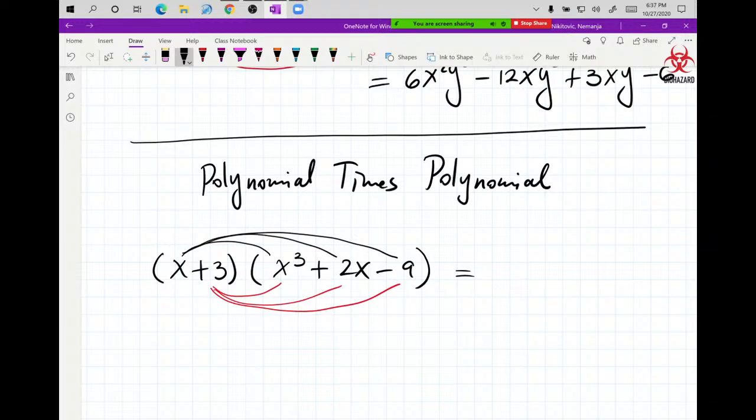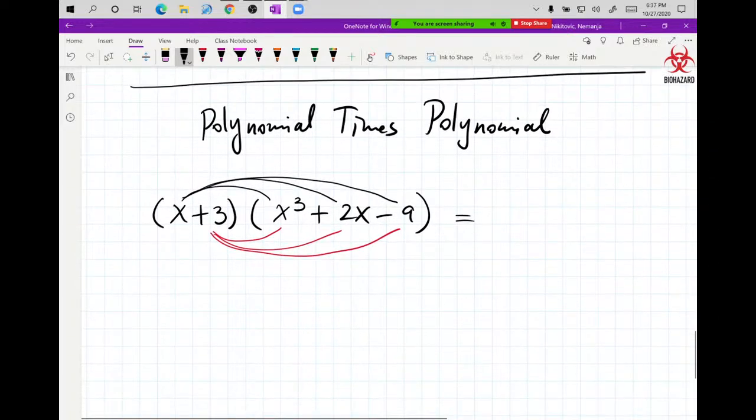Okay, let's take a look. So we have x multiplying into everything. What do we get? x to the fourth, plus 2x squared, minus 9x.